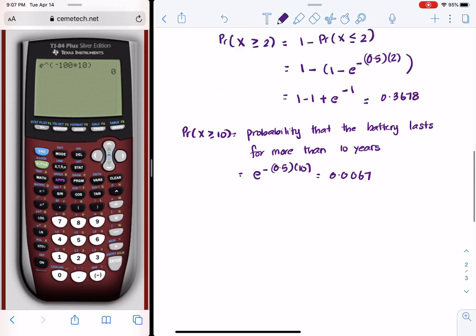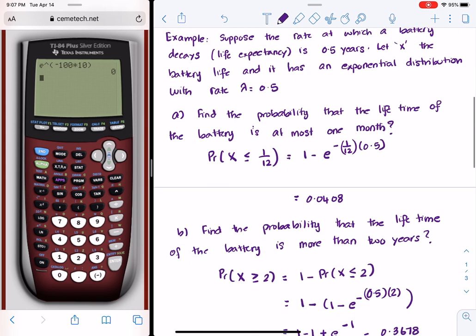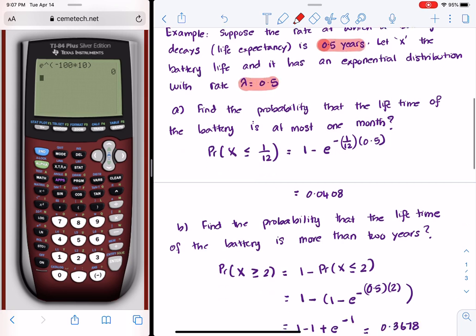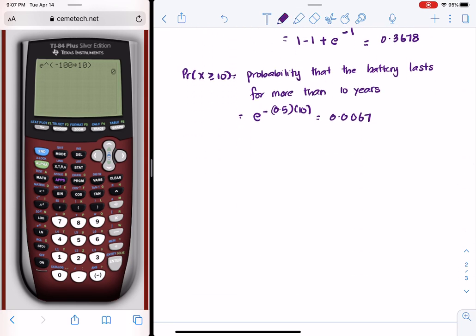Now, this is where the tricky part comes into play. When we say the rate here of 0.5 years, the average or the expected value is 1 over lambda.